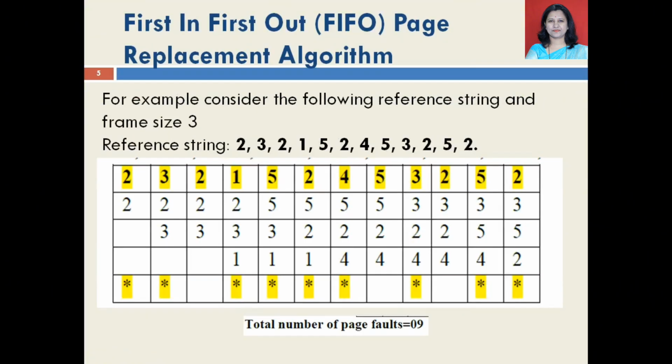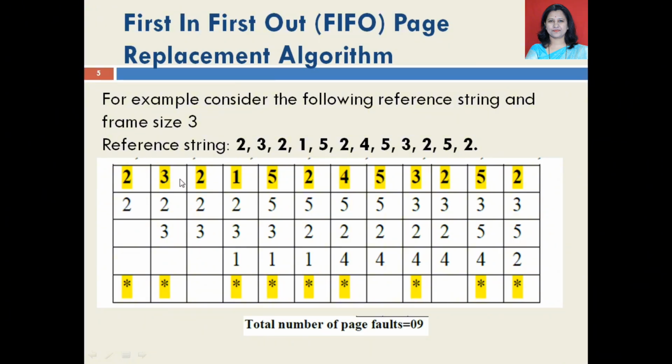Now let us consider an example of the FIFO page replacement algorithm. Here they have given a reference string and the frame size is 3. Initially there is a 2 that we have to insert, so the first page is placed into the frame.